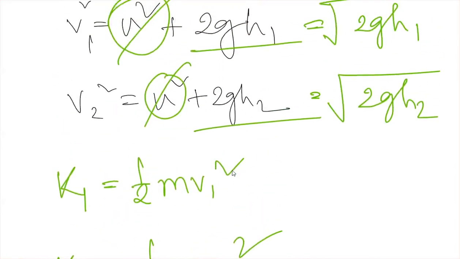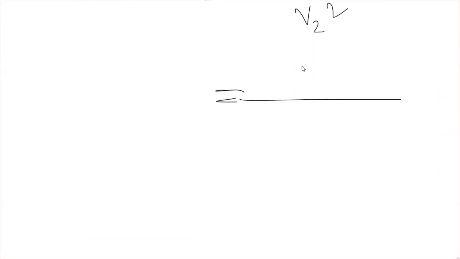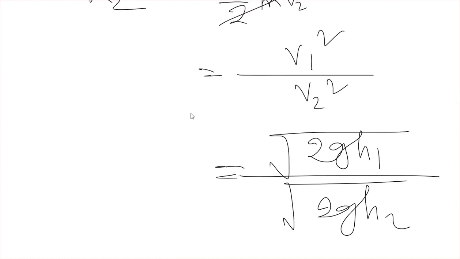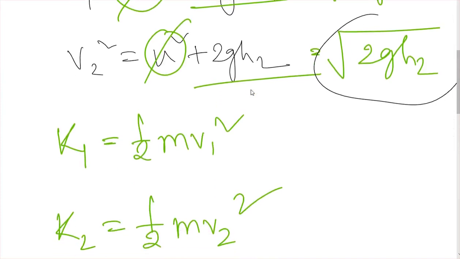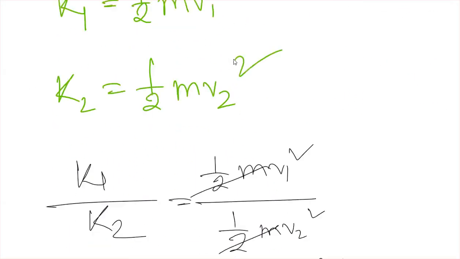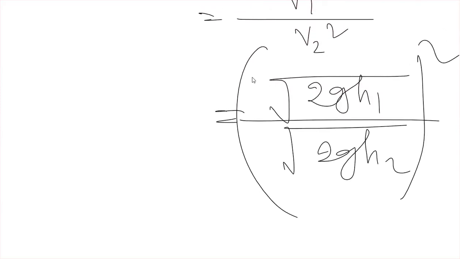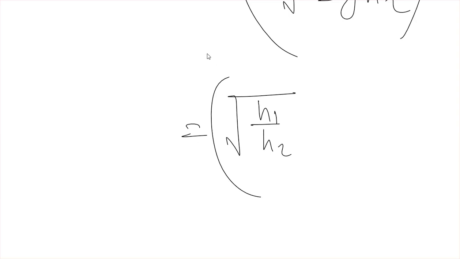So what is the value of v1 and v2? So this is the value of v1 and v2. Okay, so this will be root over 2gh1 and root over 2gh2. This total will be under whole square. So हम लोग यहाँ से v square का वैल्यू भी निकाल सकते थे. So that will be root over h1 divided by h2, this whole square.